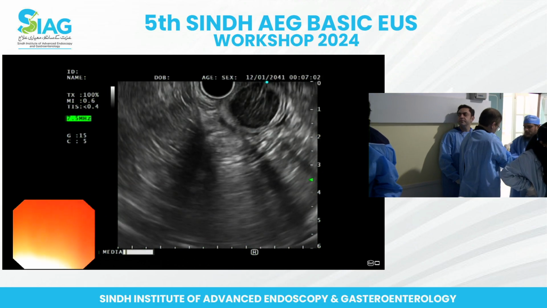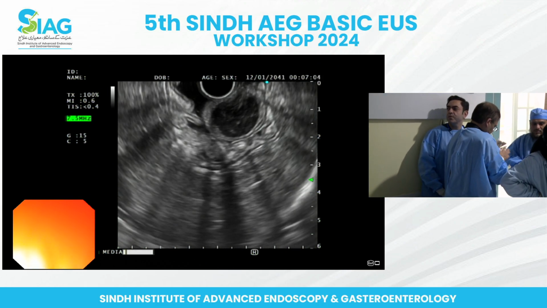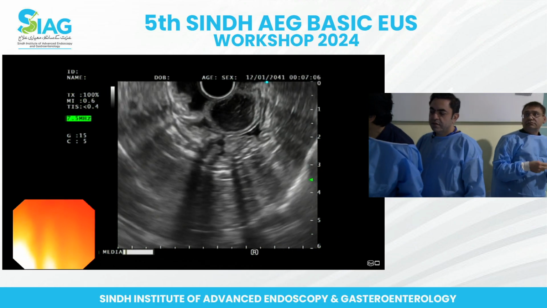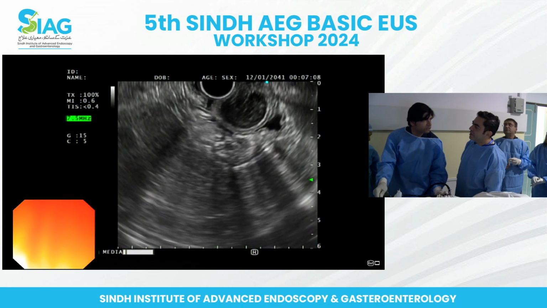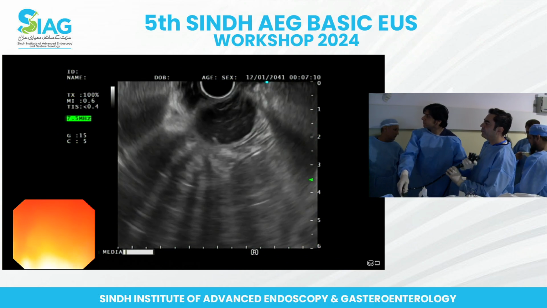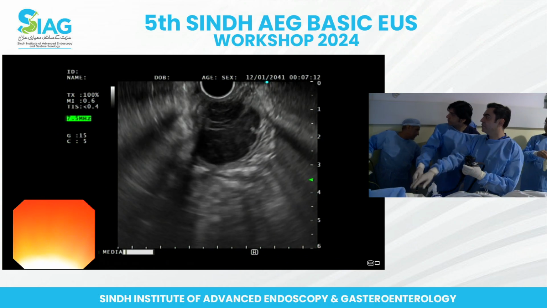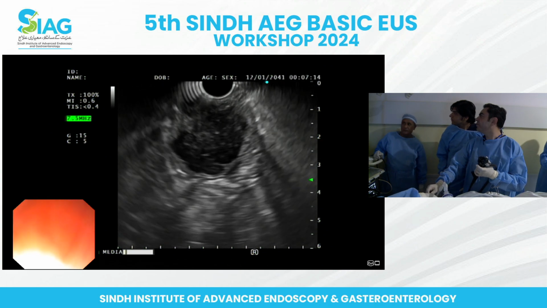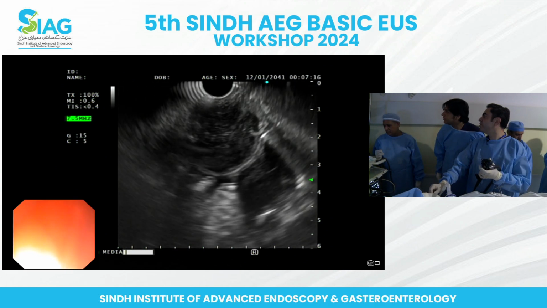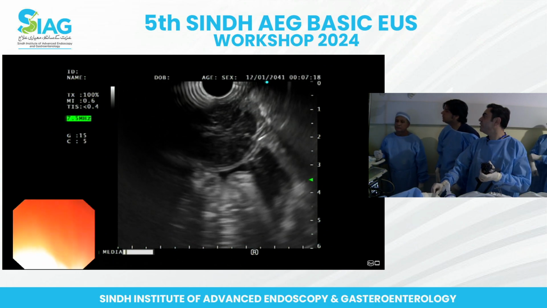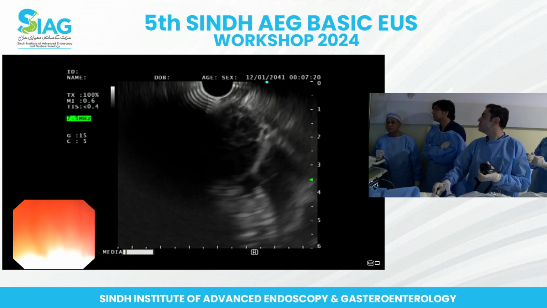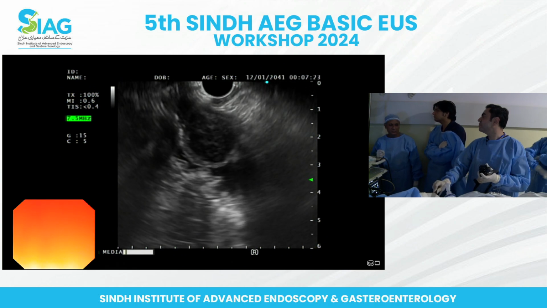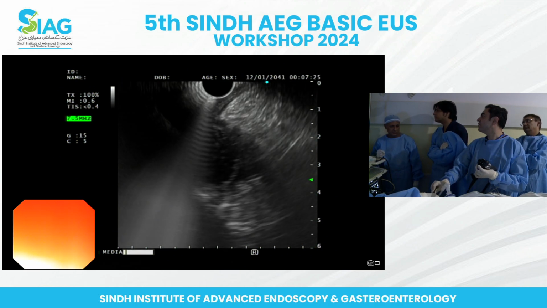थोड़ा सा pull करें. Shazad, can you just show us the layers of the stomach, right of the proximal to the gastric lesion, like on the proximal extent of the lesion, right there. Okay. So यहाँ पे we would like to see the splaying of the layers if possible. So I'm just pulling the scope back now, going gently, and right there, just play around, like just see if we can separate them.